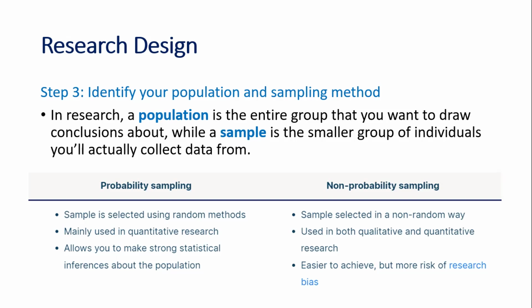It's sometimes also called random sampling. To qualify as being random, each research unit, that could be a person, business, or organization in your population, must have an equal chance of being selected. This is usually done through a random selection process like a draw, so every person or entity in the population has an equal chance of being selected.